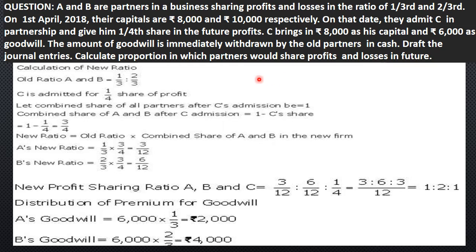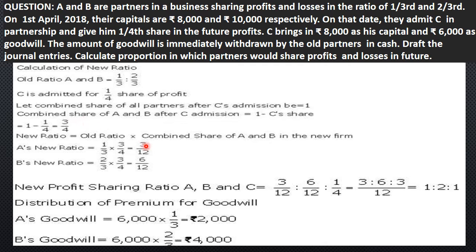Now they want you to pass the journal entry and they want you to calculate the new profit sharing ratio after admission of C. So first we will calculate the new profit sharing ratio. Now if you read this question carefully, you will easily find out this is the first case of ratio computation. In that case only 2 things are available to us, old ratio and new partner's share. In such a case, our first step is to compute the remaining share for old partners, which is computed by 1 minus new partner's share, which is equivalent to 3/4.